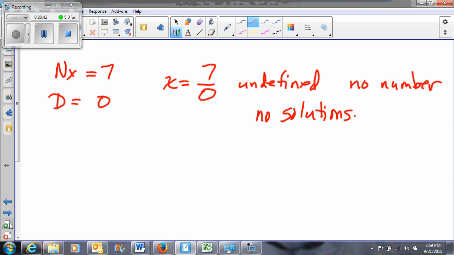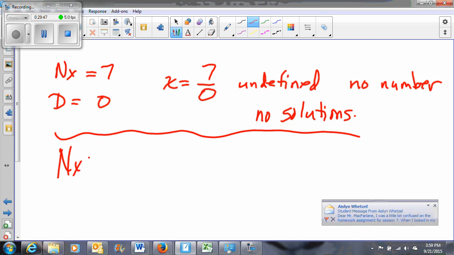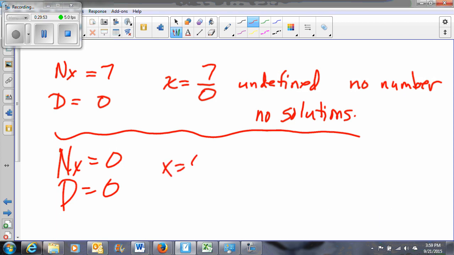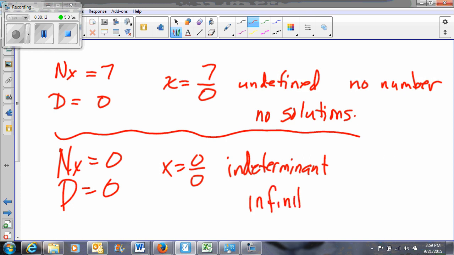Now, if instead Cramer's rule gives you, say, n sub x is 0 and big D is also 0, then what you get is x is equal to 0 over 0, and this is indeterminate. In other words, this could be any number, we just can't tell from the information we're given. And so when you get 0 over 0, you get infinitely many solutions.